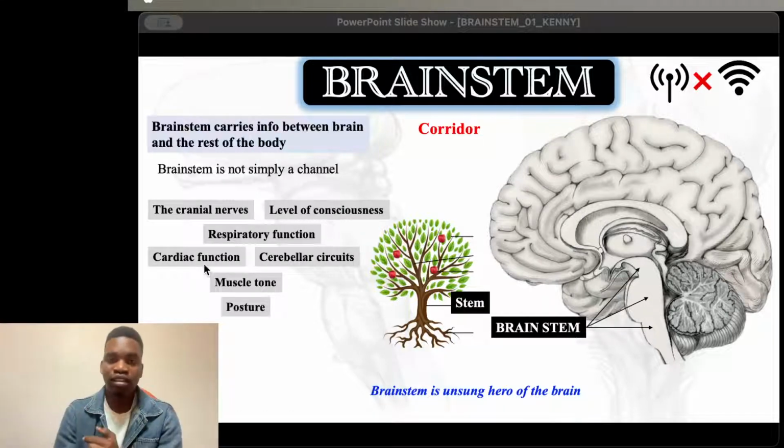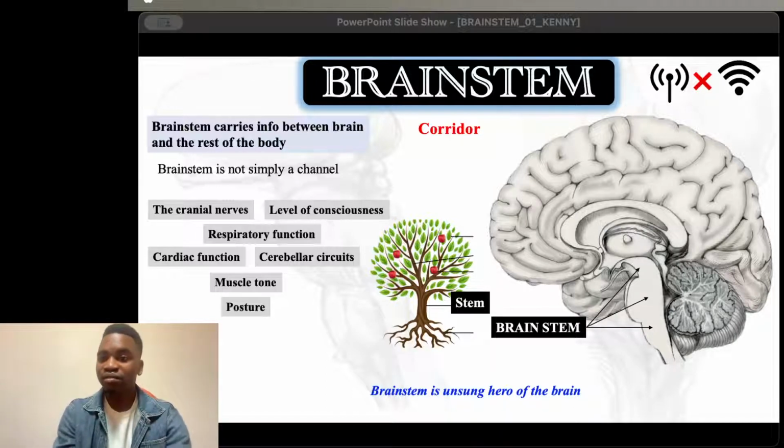Since you were born till today, your cardiac system hasn't rested yet, and neither has your respiratory system. Every single minute, every single second, they are at work. And guess what? The cerebrum at times takes a nap, it goes to sleep, because not all the time is your cerebrum at work.